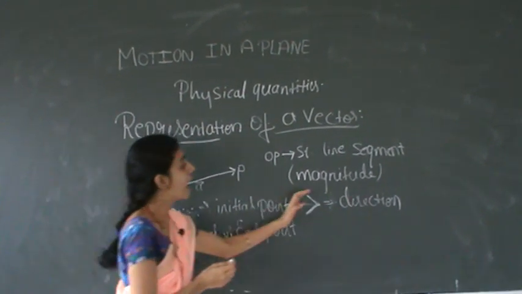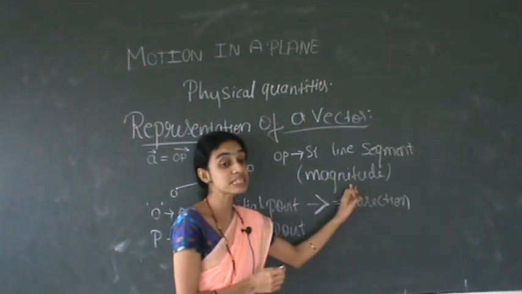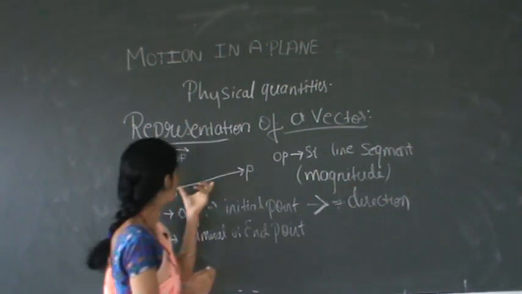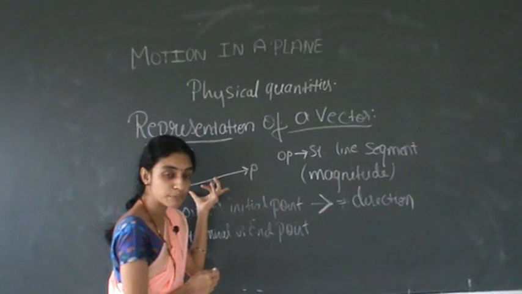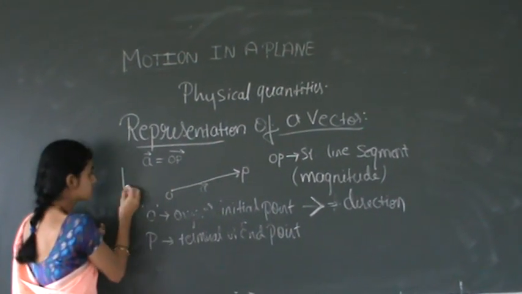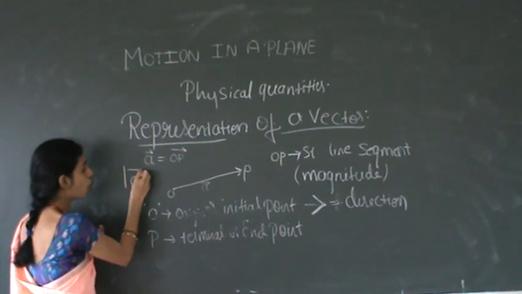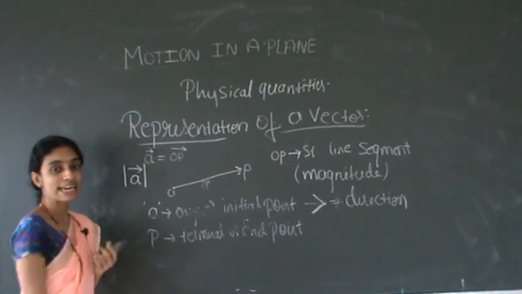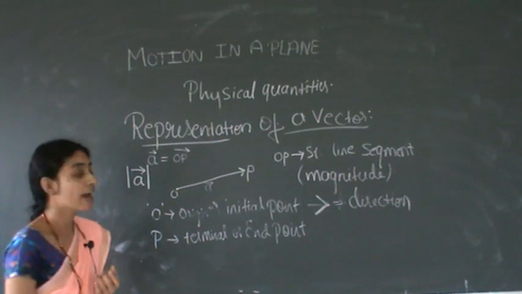Next, I can express this magnitude value, or the straight line segment value, in terms of the modulus sign. That is, mod of vector A gives you the magnitude.